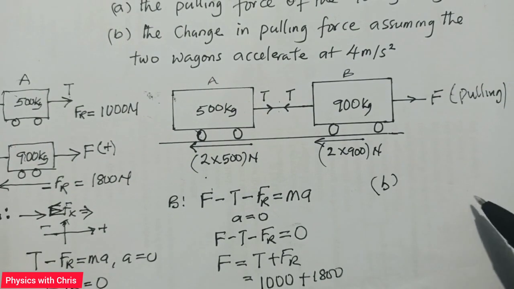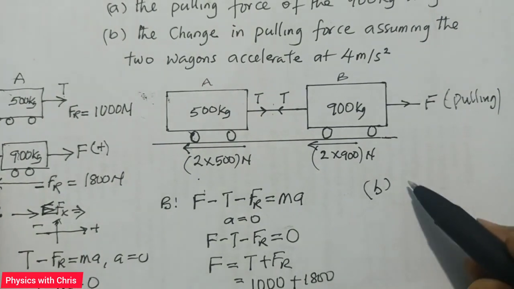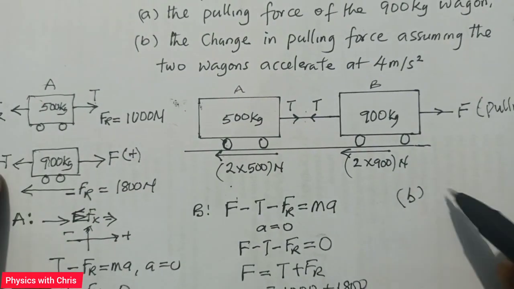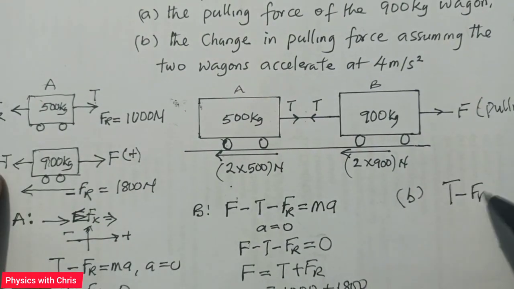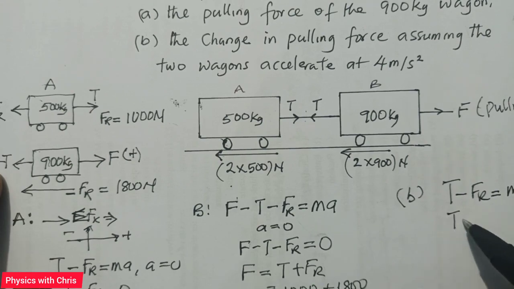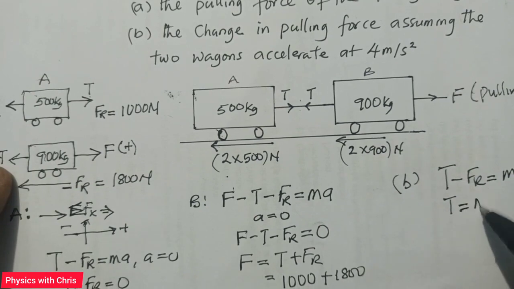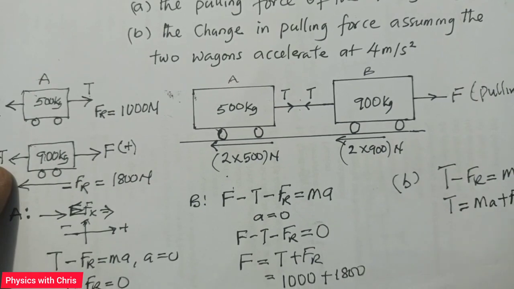For the B part, since there is now acceleration, we'll go back to the first equation. For the forces acting on wagon A, I have T minus Fr equals mA. My force T is equal to mA plus Fr this time around.